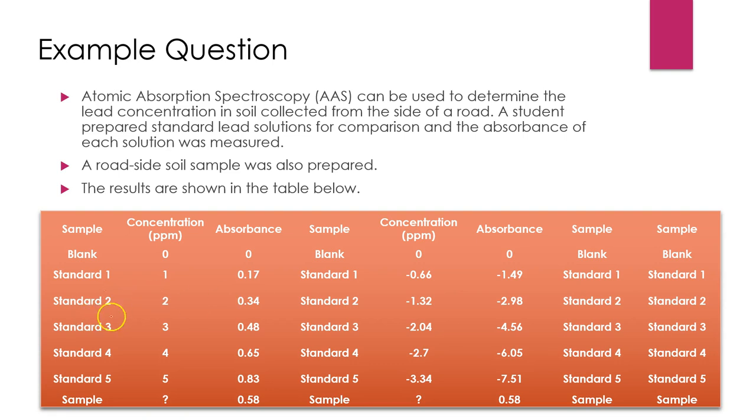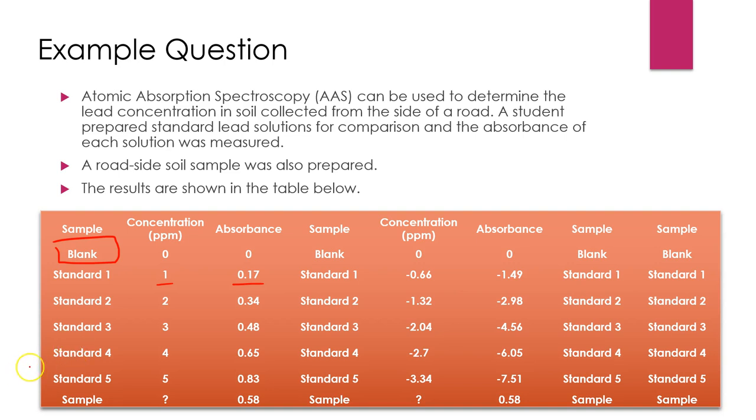So what they've done is they have a sample. The blank is just the solvent minus any of the lead or anything else to give us a 0 absorbance reading from the machine. Then they've taken standard 1 with a 1 ppm concentration and recorded a 0.17 reading.